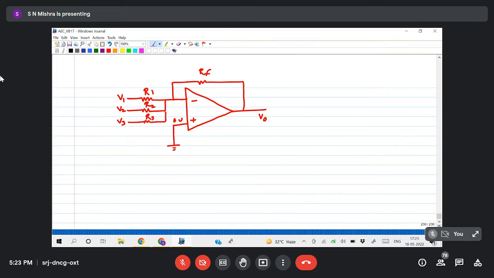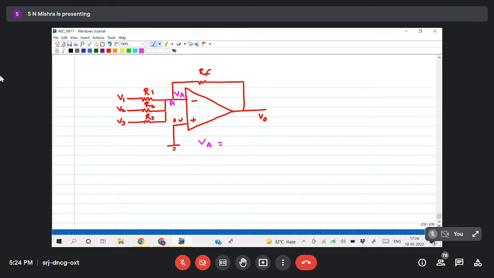Let us take this point, which is point A, and can you tell me what is the potential at VA? What is the potential at VA?